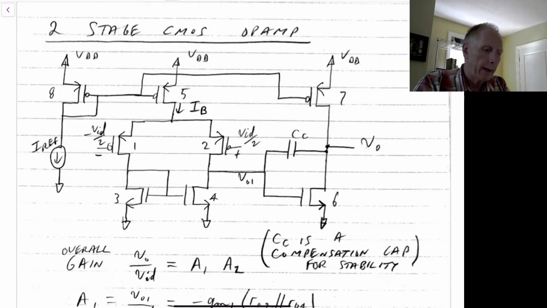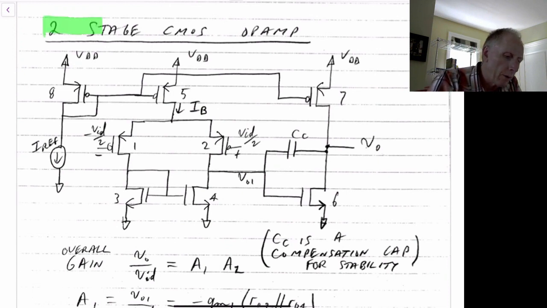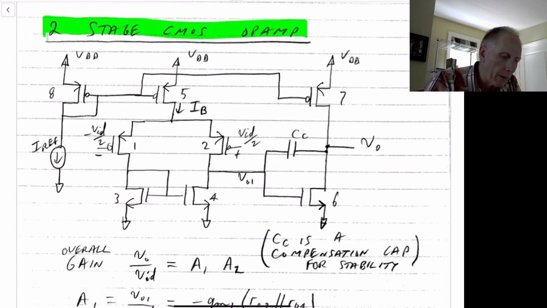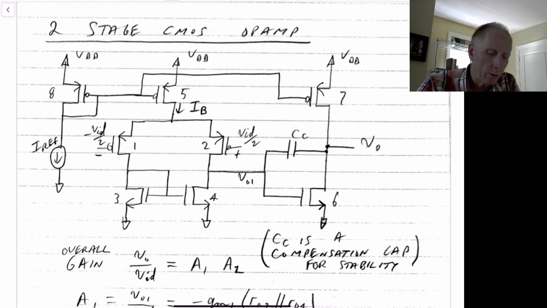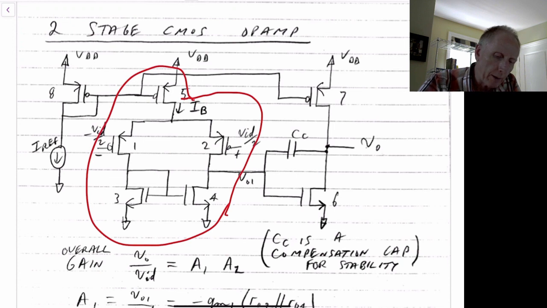Next, we'd like to look at a full two-stage CMOS op-amp. This is a common op-amp used within CMOS circuits, and it consists of two stages. The first stage of gain is given by here, and this is a differential to single-ended, and the second stage of gain is given by here, stage 2.